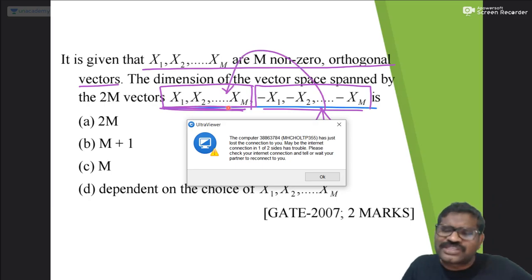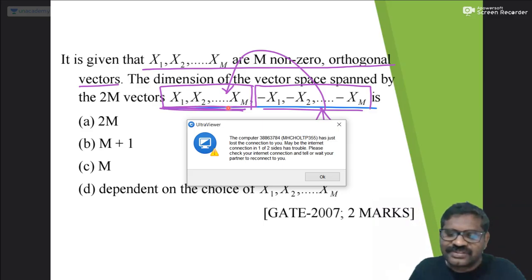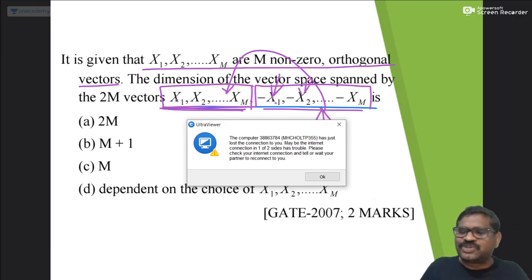Sir, how can you say that they are dependent? A bar and minus a bar, dependent or independent? A cap and minus a cap, both are dependent, right? So if these vectors are dependent, whenever you arrange them in a matrix and calculate rank, then by applying the operation minus x1 plus x1, minus x1 becomes 0, minus x2 becomes 0, minus xm becomes 0 vector.